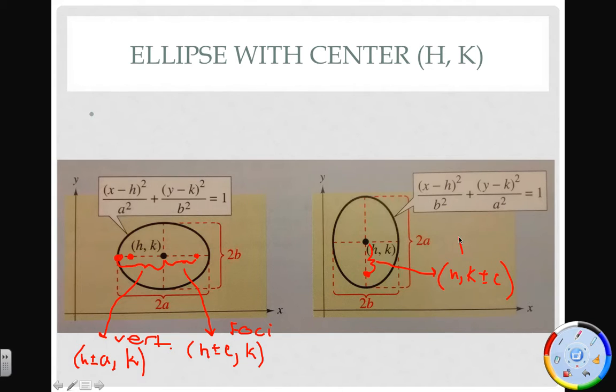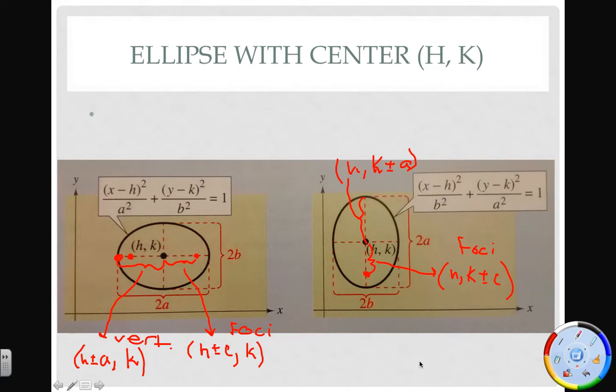That's to find the foci. And to go to the distance here, this is (h, k plus or minus a). And then it actually kind of goes along with the hyperbola as well, but we'll get there in just a second.